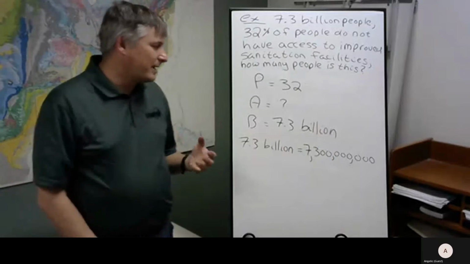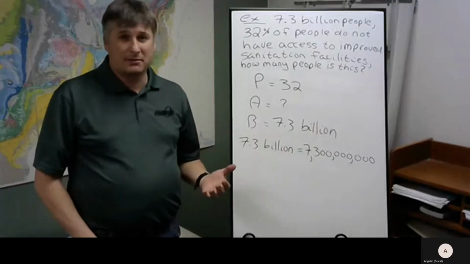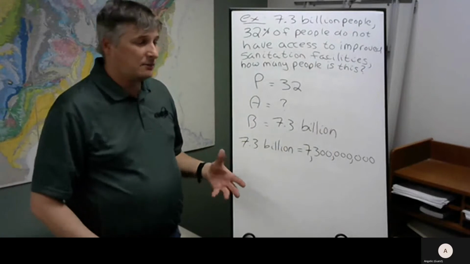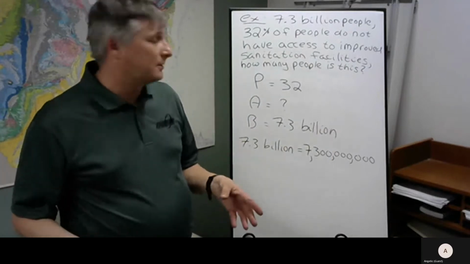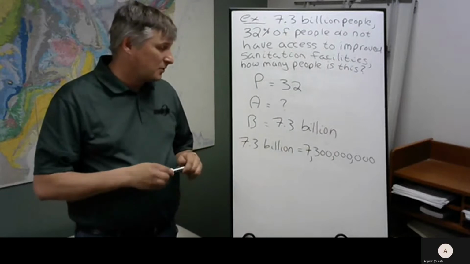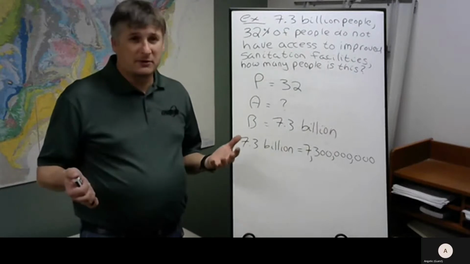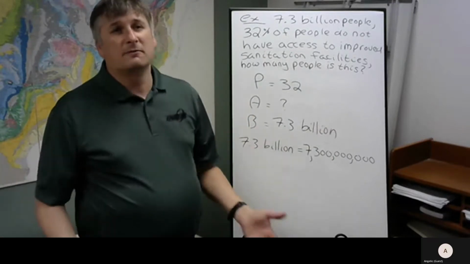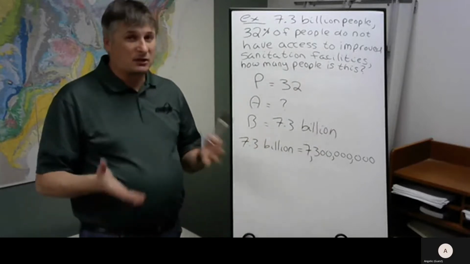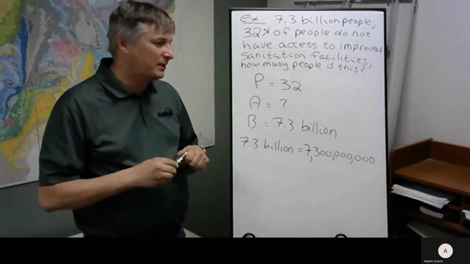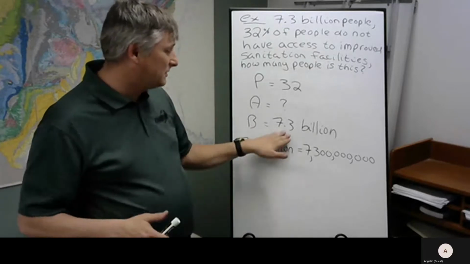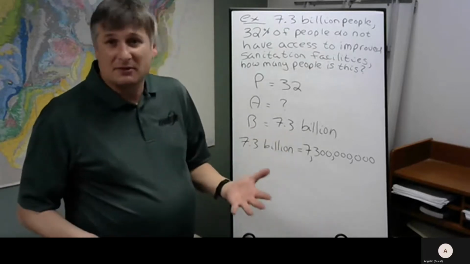You could write the number out like that and then do your mathematics, or you could just leave it as 7.3 and then remember that whatever number you get is really a number in billions. So if you got a number like 0.5 for your answer, that would be 0.5 billion. So you'd have to make that conversion, which is actually 500 million. But you could just leave it like this and the math is a little easier.